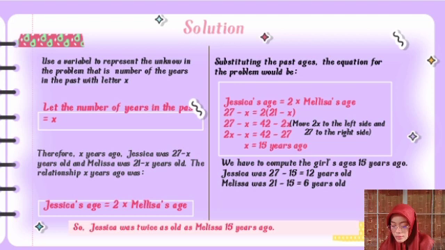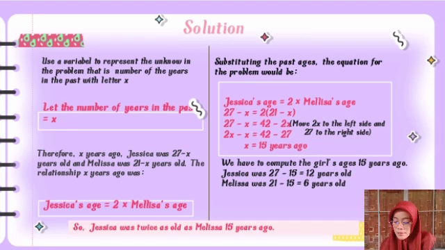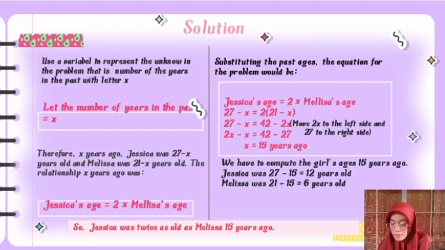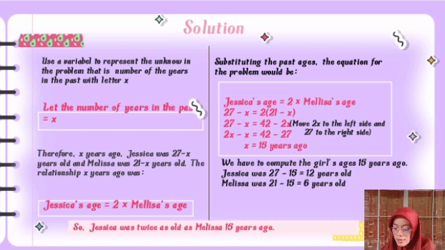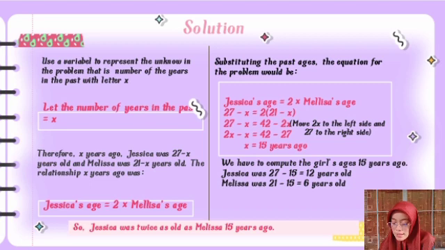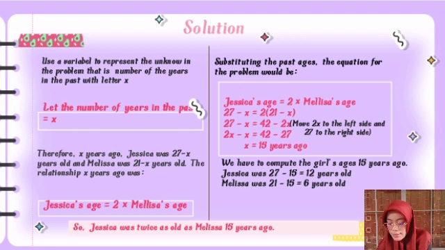We have to compute the girls' ages 15 years ago. Jessica was 27 minus 15 equals 12 years old. And Melissa was 21 minus 15 equals 6 years old. So the final answer is Jessica was twice as old as Melissa 15 years ago.